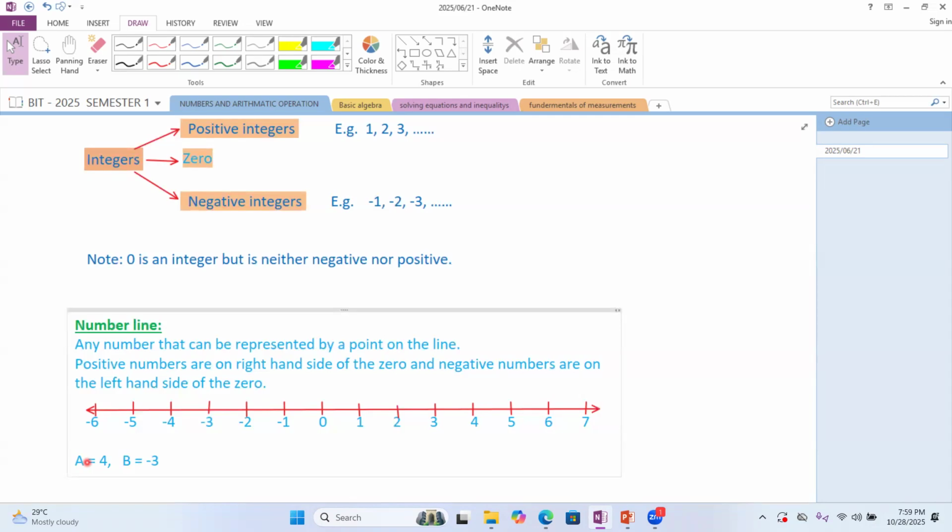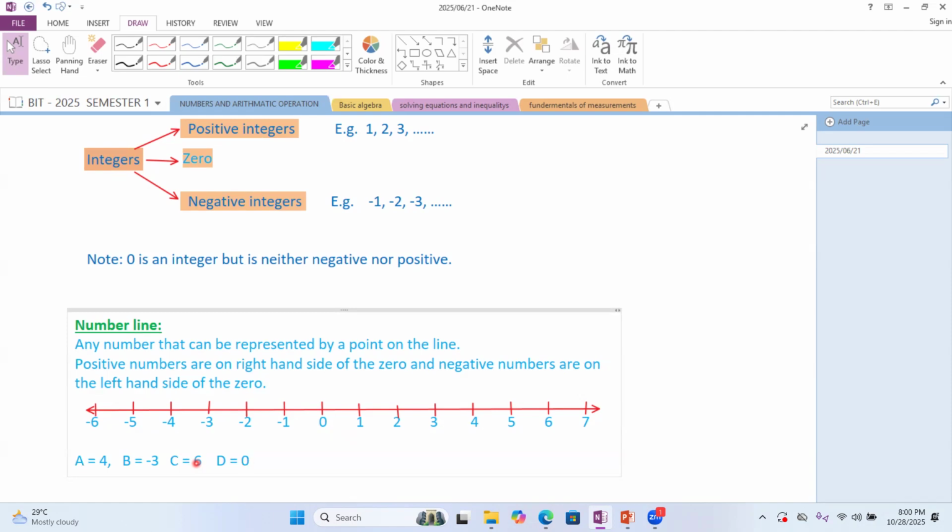And C is equal to 6. And D is equal to 0.